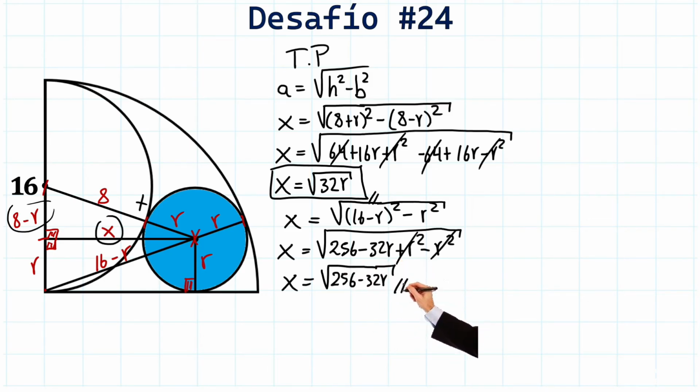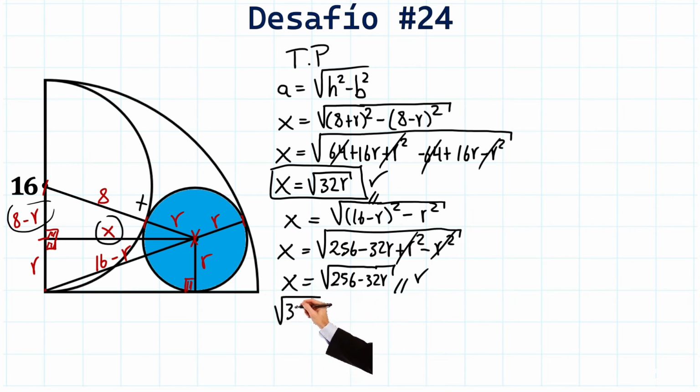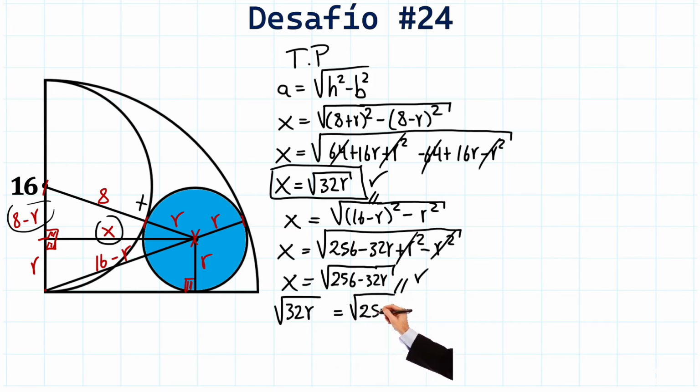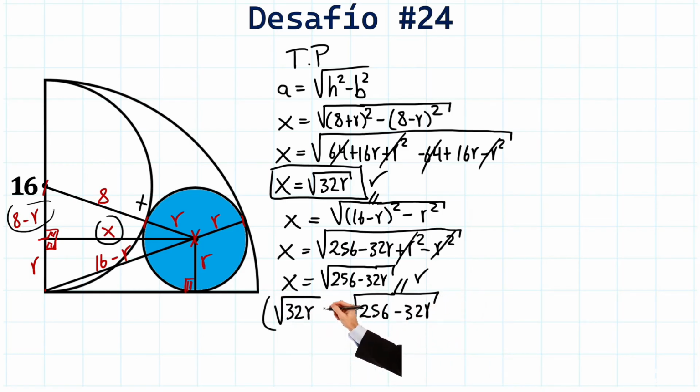Phenomenal. And look at what we have here. Here we have what x is worth, and here too. So we can equate these two things. We can then say that the square root of 32r must be equal to the square root of 256 minus 32r. All of this within the square root, right? How do we eliminate the square root? We square both sides of the equation.